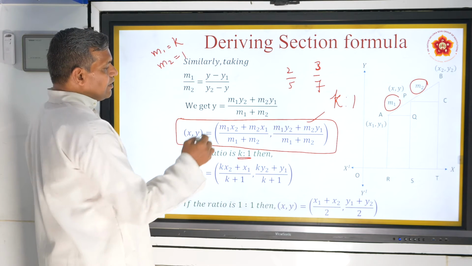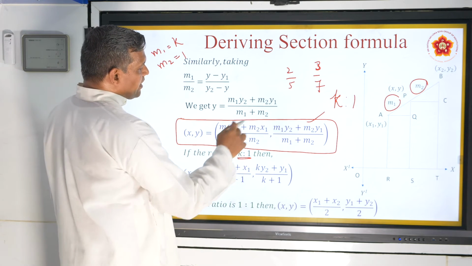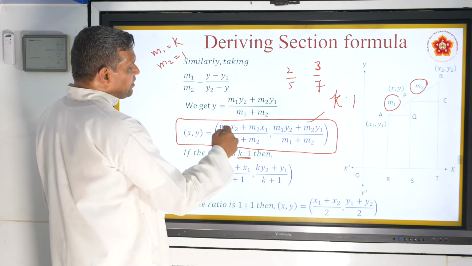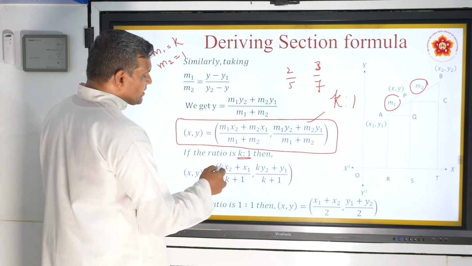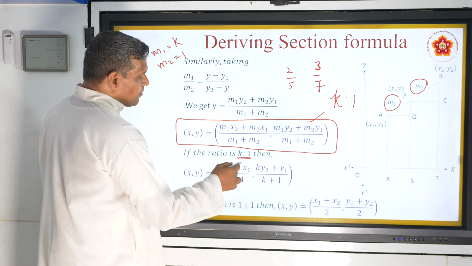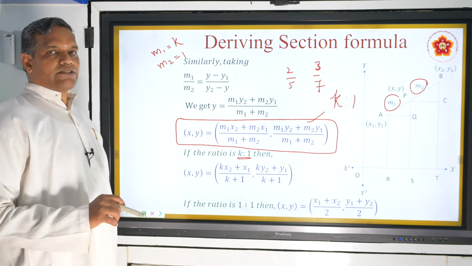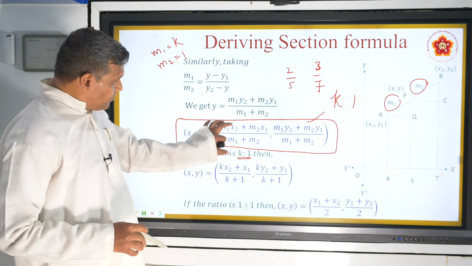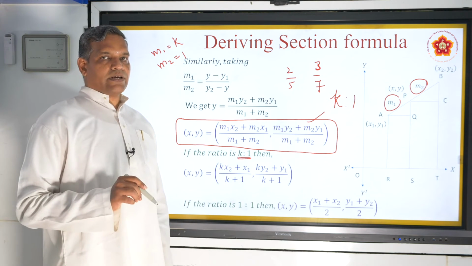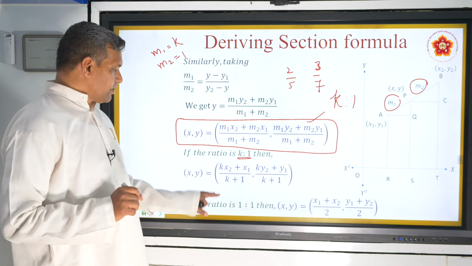That's it. In the same formula, wherever m1 is there it becomes k, and wherever m2 is there it becomes 1. This is one of the shortest formulas, which you can further simplify and use in our calculations.